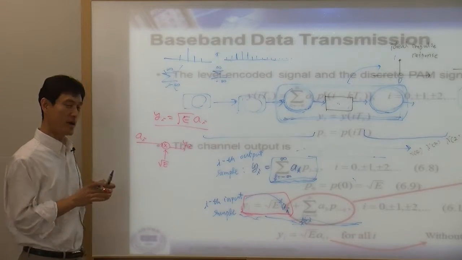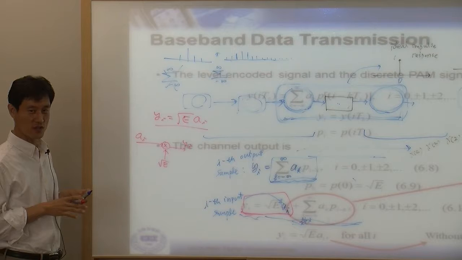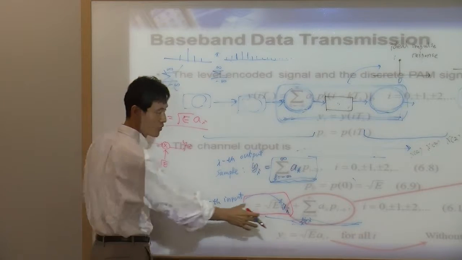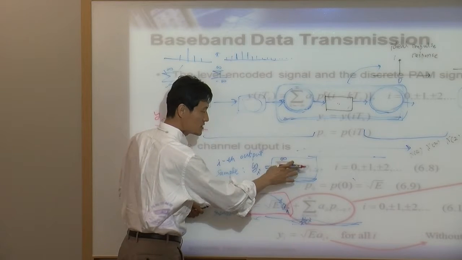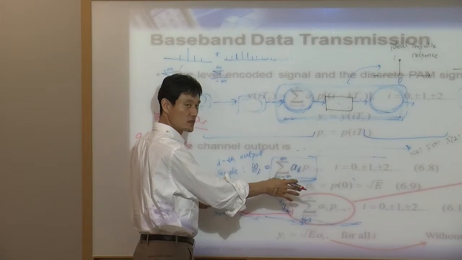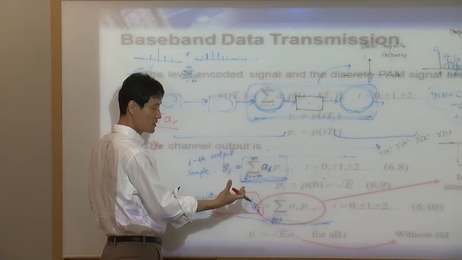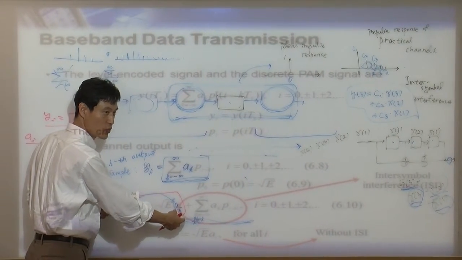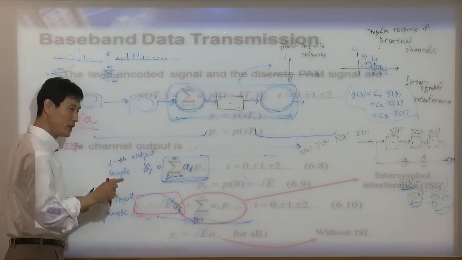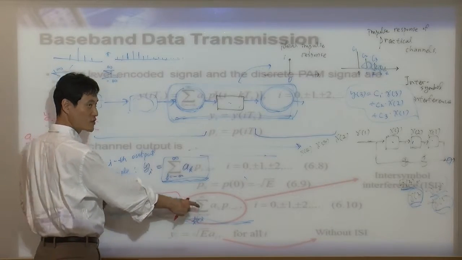However, based on the definition of convolution, unfortunately, we have more terms, right? We are basically following the definition of convolution. The original definition of convolution, you have many terms. But we don't want this. We only want this, but we have so many terms.